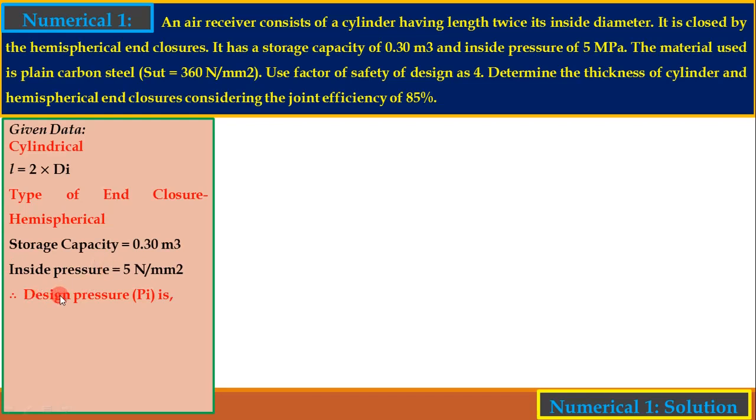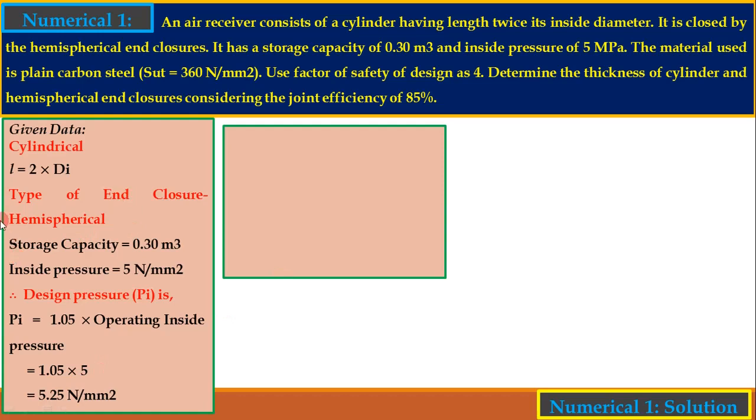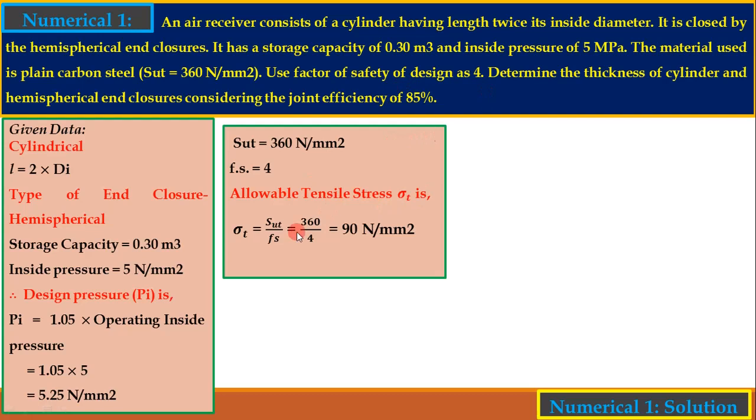Now we will first calculate the design pressure based on this inside operating pressure. We know that design pressure Pi is equal to 1.05 into operating inside pressure. Operating inside pressure is 5 Newton per mm square. Let us put this value here and calculate the design pressure Pi. Next, we write the value of SUT and factor of safety Fs 4, and calculate the allowable tensile stress sigma T. It is given by SUT upon Fs.